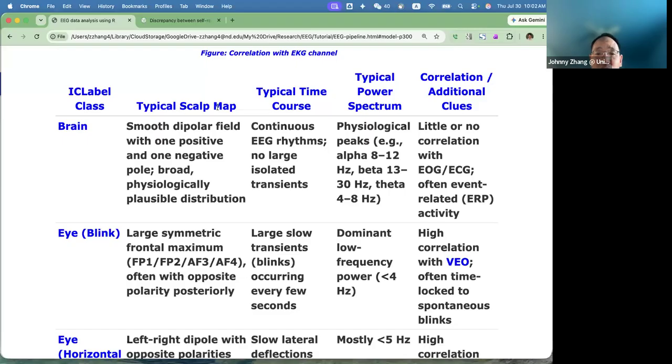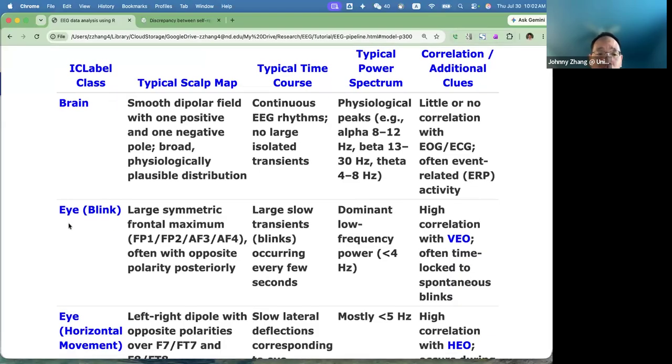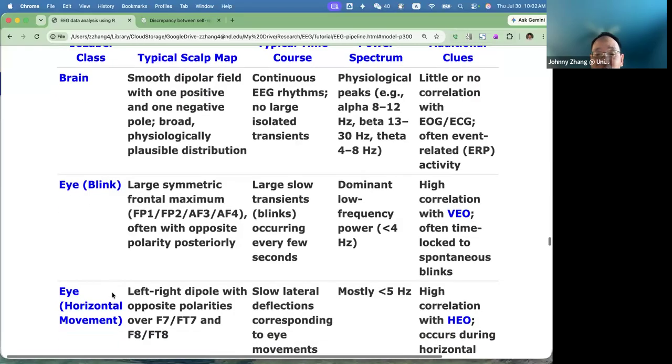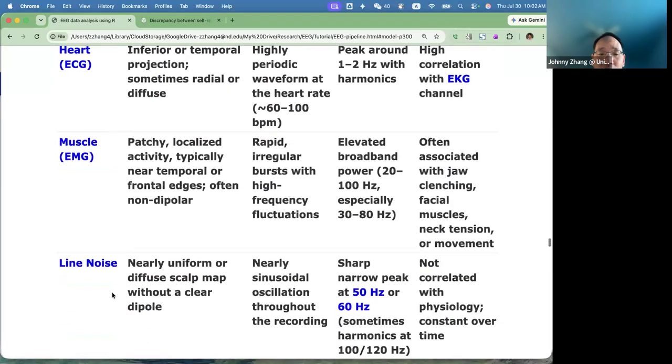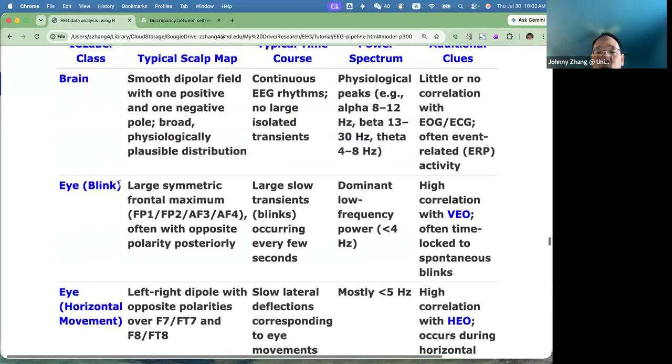Here we can use the topographic map, time course plot, PSD, and the correlations with other measures. This gives you potential hints you can look at, to see whether they are true brain signal, or eye blink or eye movement or some other information. Okay. So those are the typical artifacts we can identify in EEG signals.